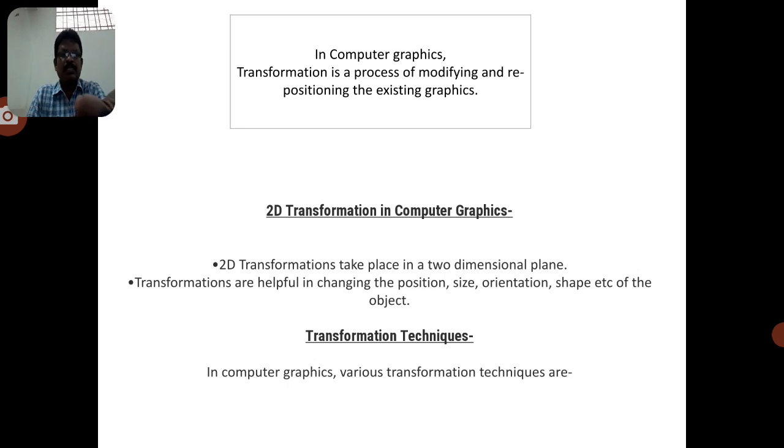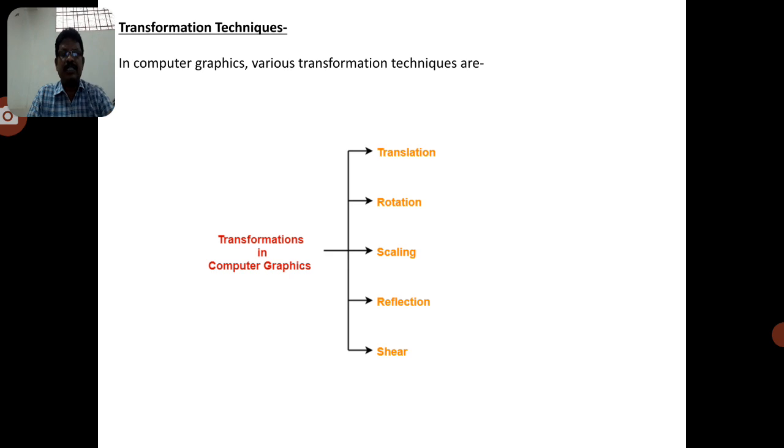Now, there are different types of transformation techniques in computer graphics. The first one is translation, the second is rotation, the third is scaling, the fourth is reflection, and the last one is shear. These five are the transformation techniques.